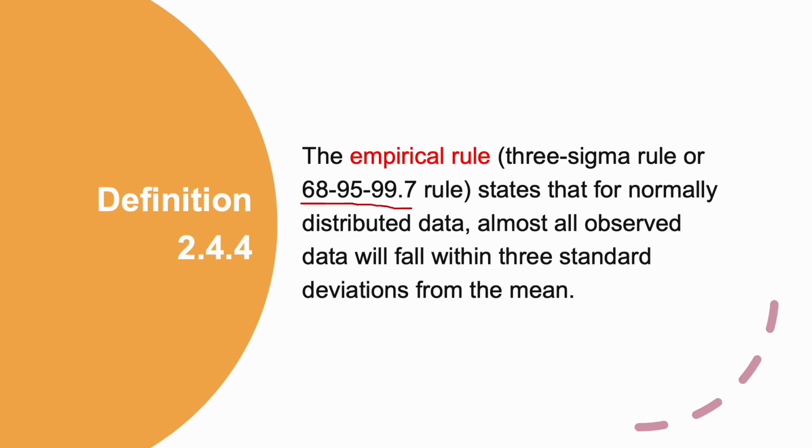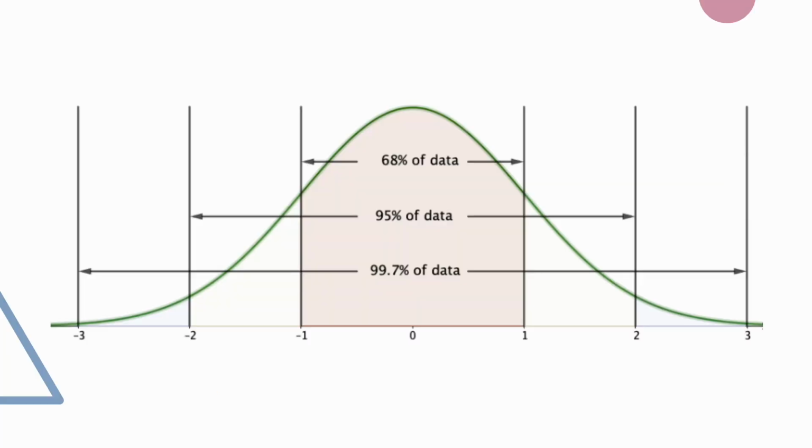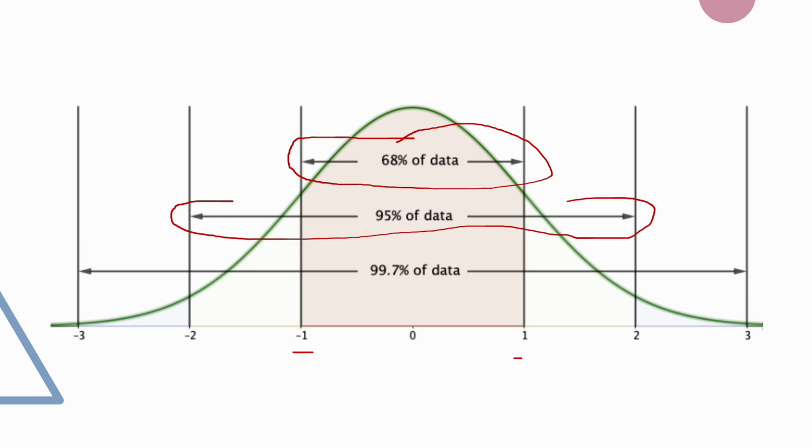Okay? Ito, it states that within 1 standard deviation from the mean, approximately 68% na ng data yung nandyan. Okay? Pag nag plus 1 or minus 1 tayo doon sa ating mean. At within 2 standard deviations naman, approximately 95% na ng data values natin ang nandoon.